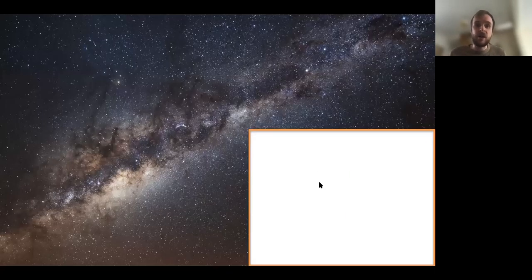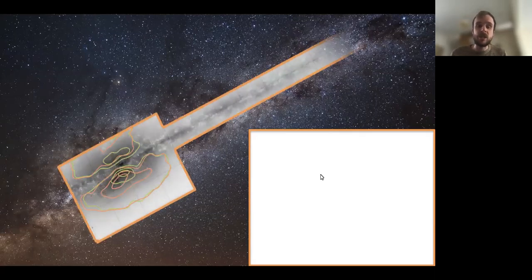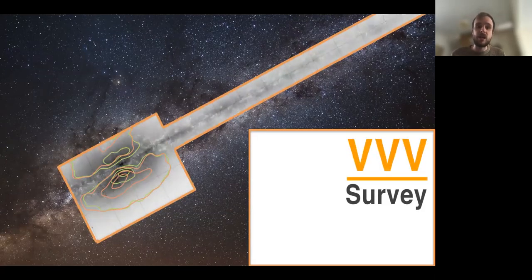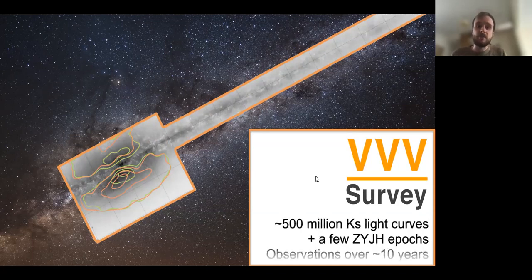And so how am I going to find these Mira variables? Well, I'm using the VVV survey, which is a near-infrared survey focused on the bulge and the southern disk. There are about 500 million light curves in the KS band, and then they're complemented by epochs of Z, Y, J, and H photometry.